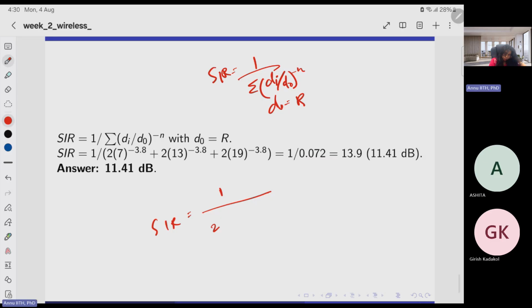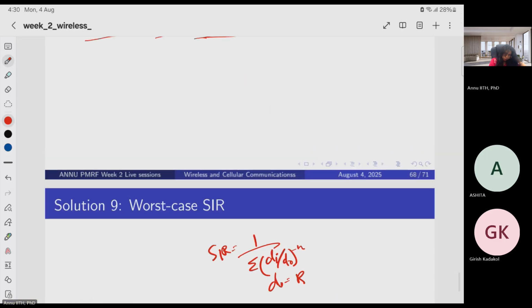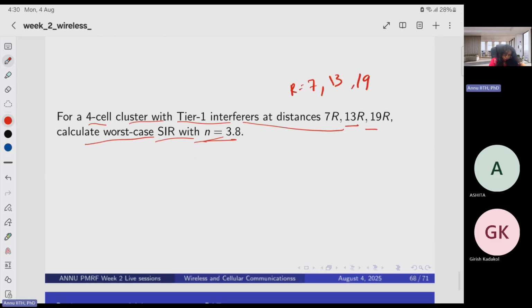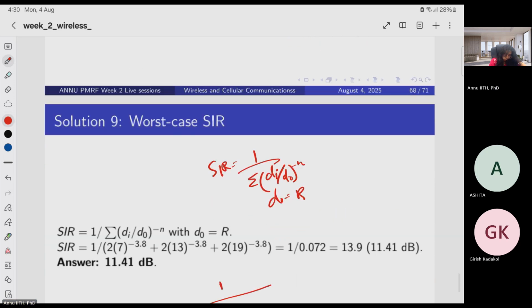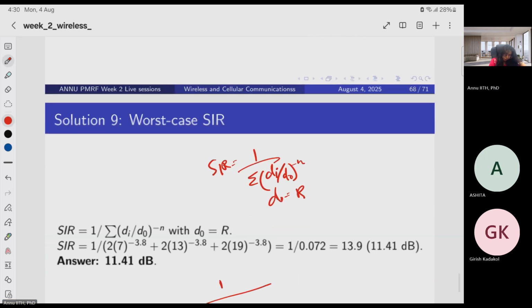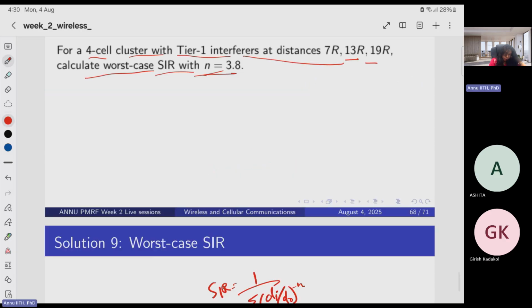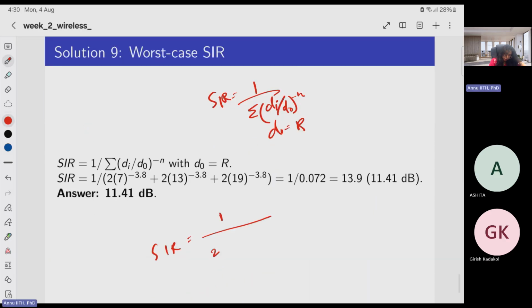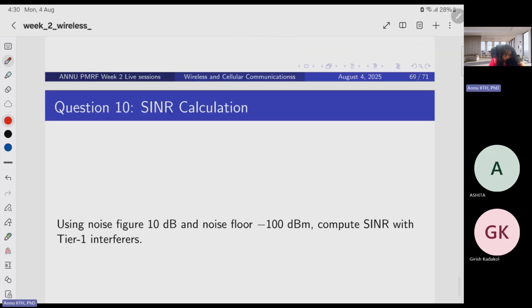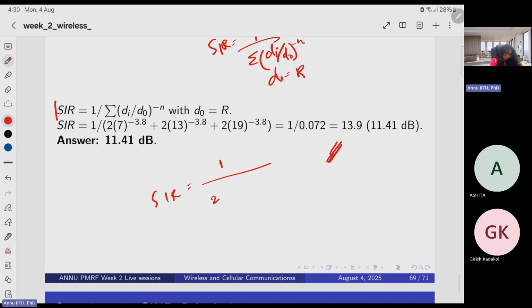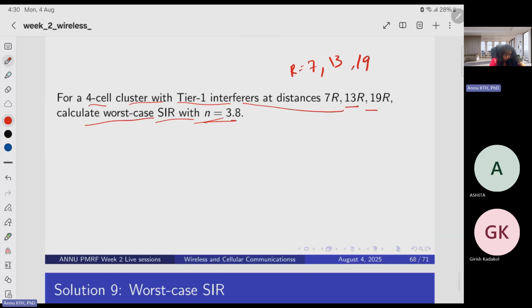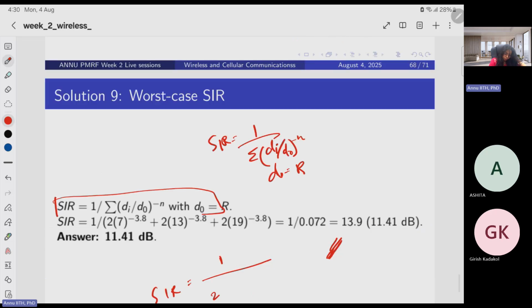Why is it multiplied with 2, but 4 cell? Okay, I have to see this question. I'll check, but we have to follow this formula. The values are missing. I think I've taken it from some book. I have to check.